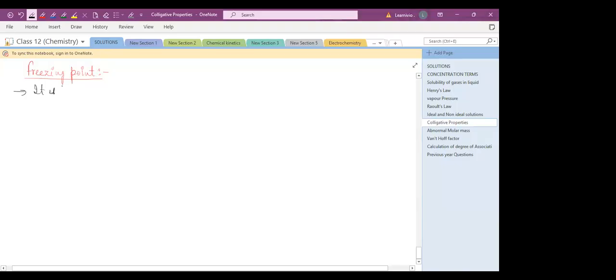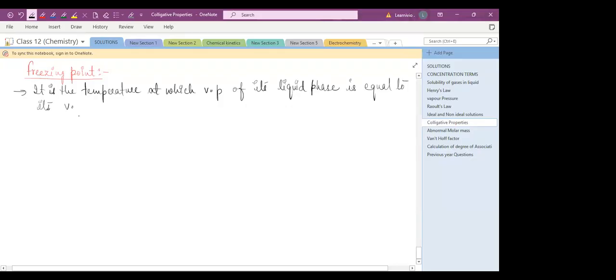It's the temperature at which the vapor pressure of its liquid phase is equal to the vapor pressure in the solid phase.